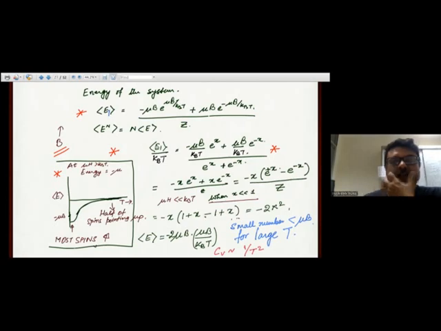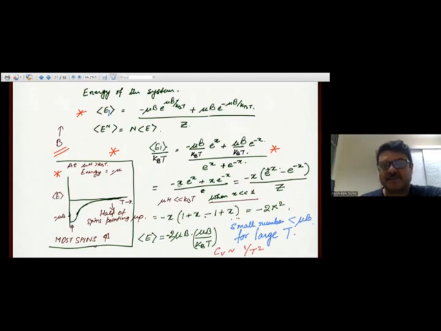Now we can also write E1 by kBT as minus mu b by kBT plus mu b by kBT, and of course, this is already x. So x is mu b by kBT, and here we can write e to the power x and e to the power minus x, where x is mu b by kBT.